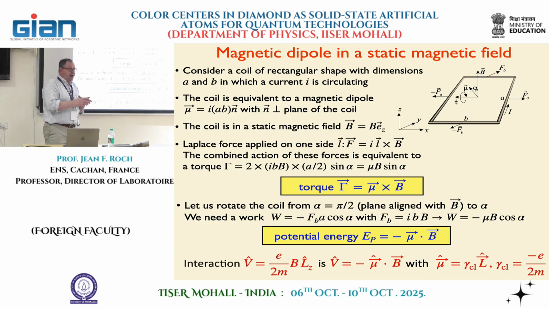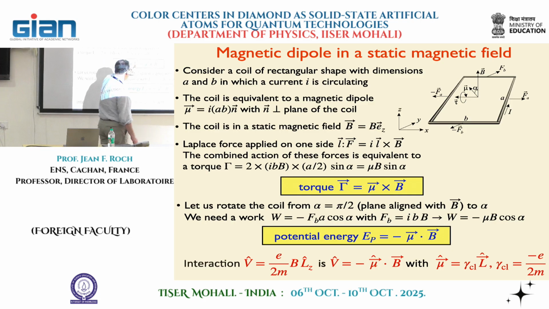Now, once I have this dipole and I submit it to, for instance, a magnetic field, there will be some forces acting on it. Using a very simple model, with a rectangular loop, for instance, I can show that there is a torque applied by the field. This is just the demonstration of the formula that gives the torque.